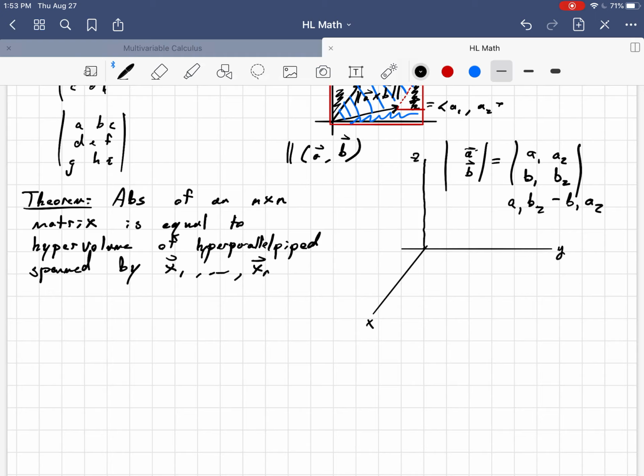And so let's say we have a vector A, a vector B, and a vector C kind of coming out at you. So you could imagine a parallelepiped spanned by those 3 vectors.